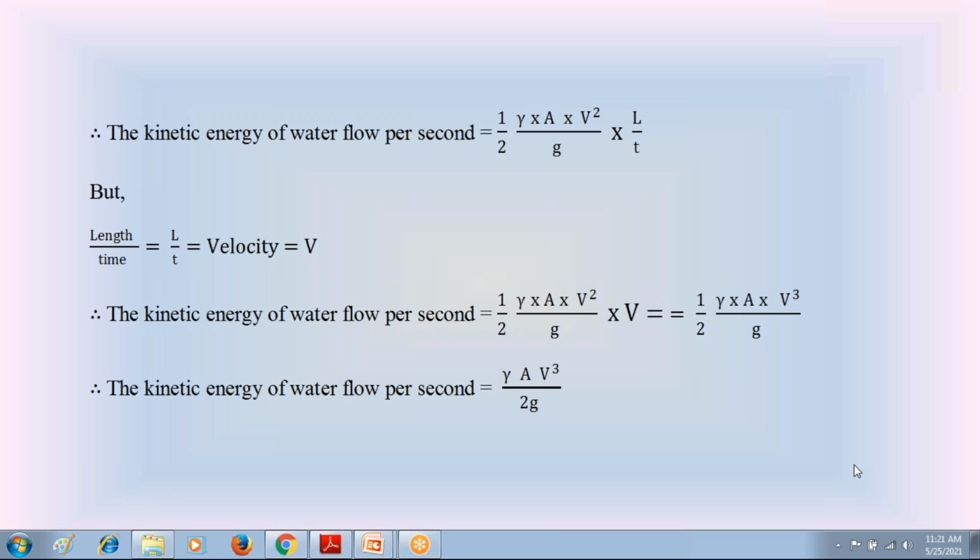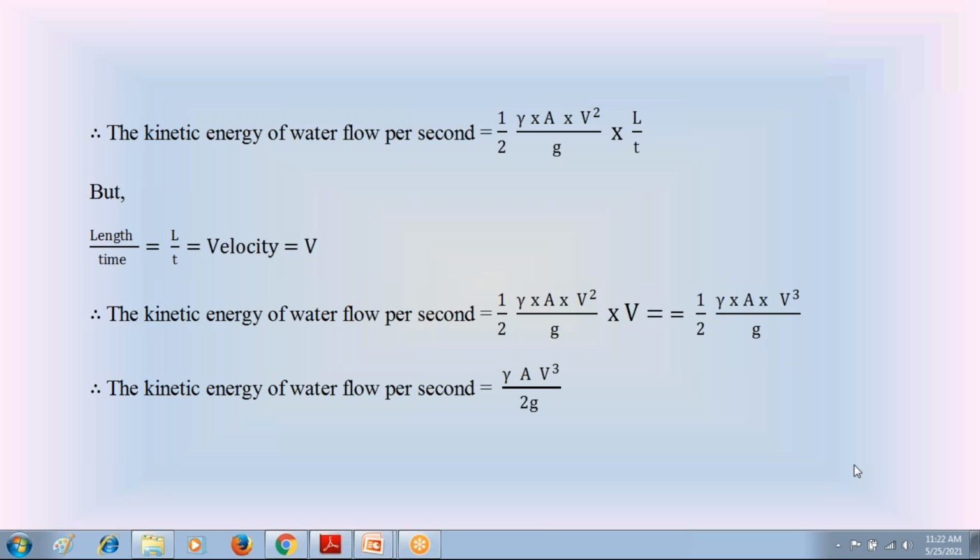Mass M is equal to rho, density, into volume. So that is the relation between density and mass. Density rho is equal to mass by volume, M by V. Unit weight gamma is equal to weight by volume, W by V. So from that, the weight W is equal to unit weight into volume of body.